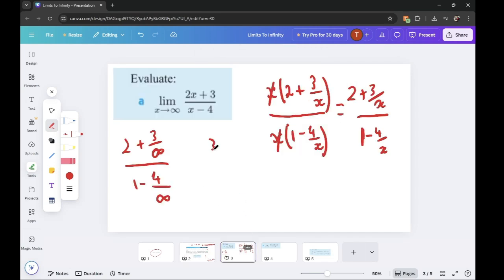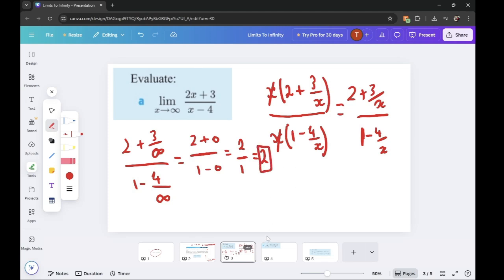So 3 over infinity tends to 0, and 4 over infinity tends to 0. It'll never actually be 0, but the rule states you can infer it tends to 0 because infinity is just that big. So we get 2 plus 0 over 1 minus 0, which is 2 over 1, just 2. Bam. That is your limit to infinity.